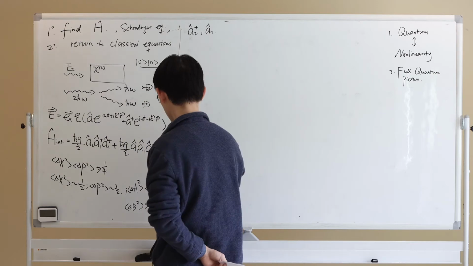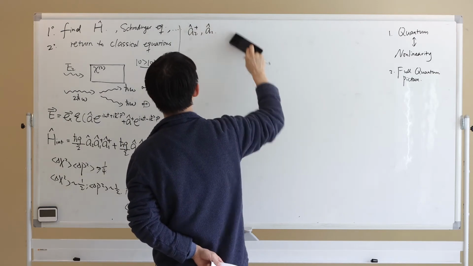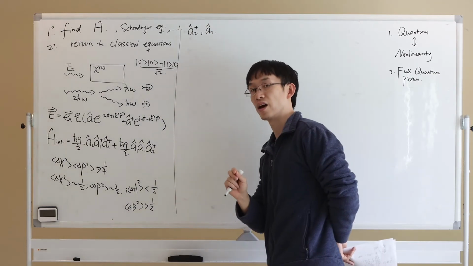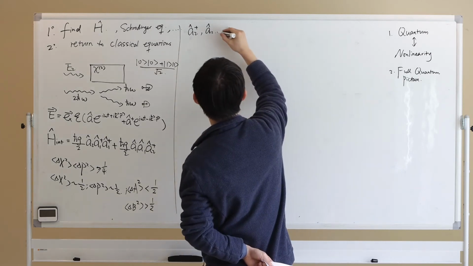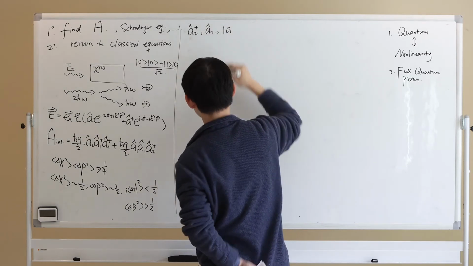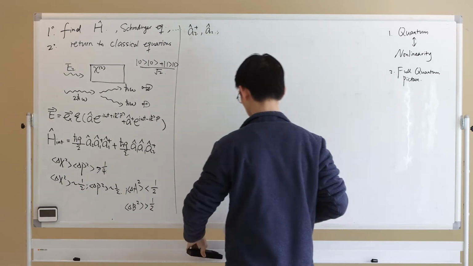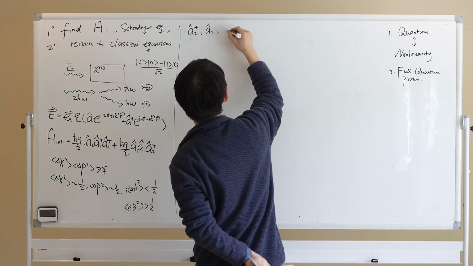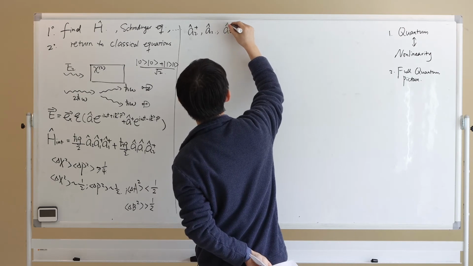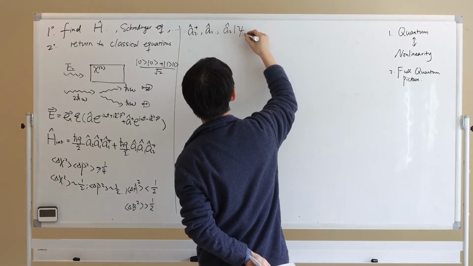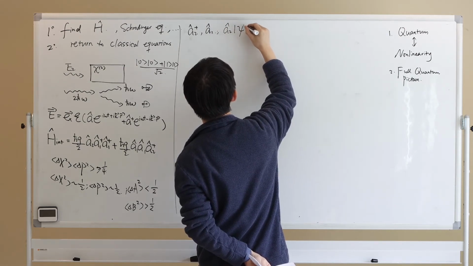Think about what this operator would do when you act it on a state. Let's say A2 acts on a state of 2.